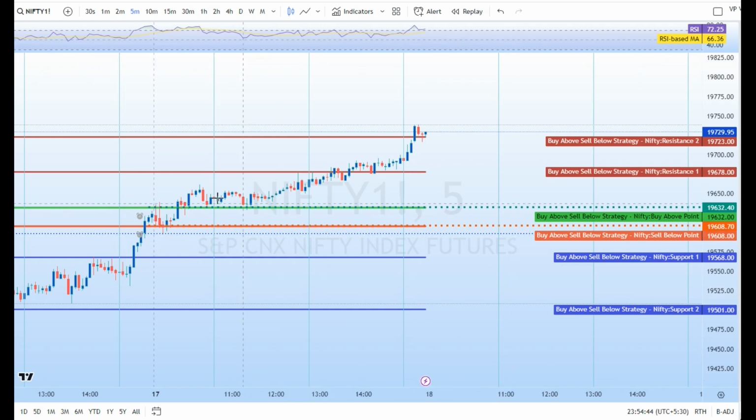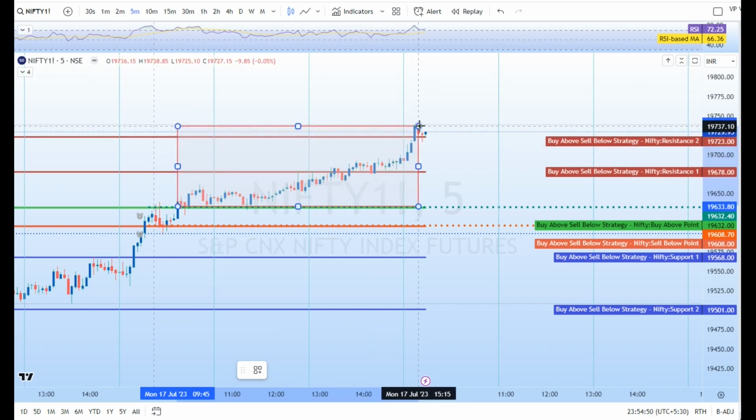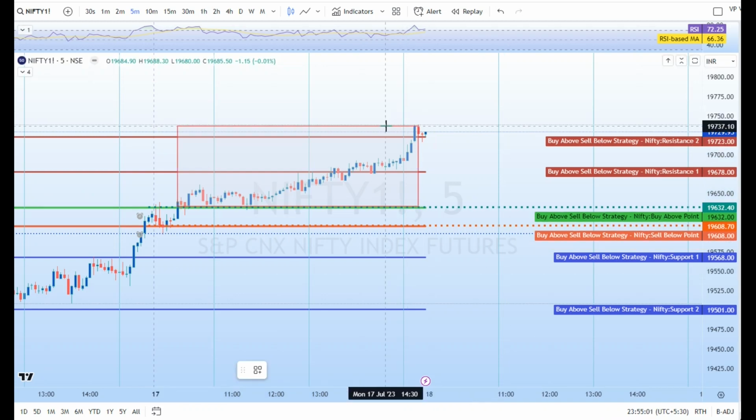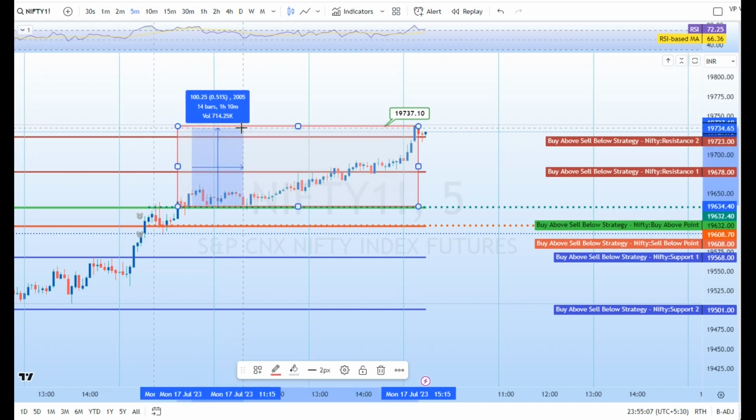And we have seen a wonderful day, and once the futures price crossed the threshold price, we tagged R1, and then we went on to tag R2 by the end of the day, and we got a beautiful move. This was 19,737, and the total points we could get on this move was more than 103 points.